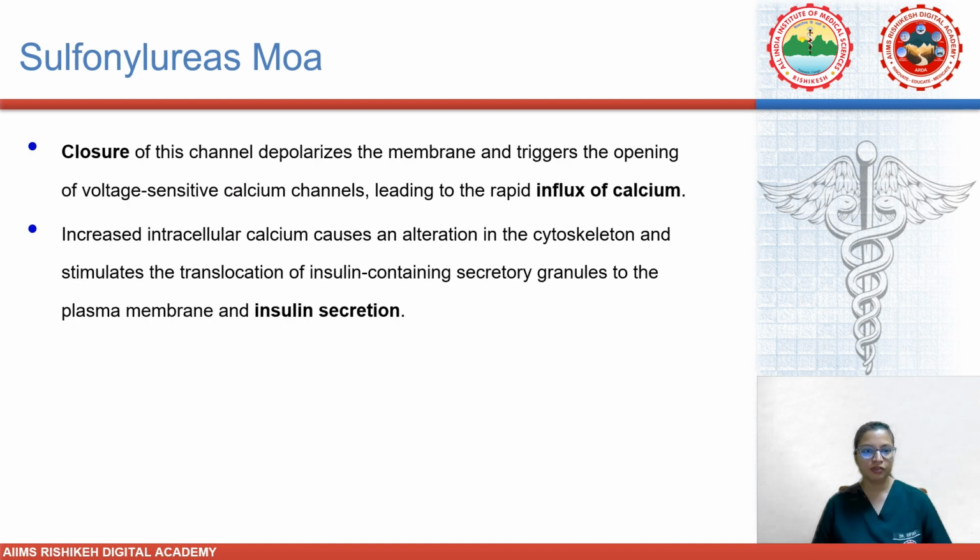Closure of this channel depolarizes the membrane and triggers the opening of voltage sensitive calcium channels, leading to the rapid influx of calcium. The intracellular increase in calcium causes an alteration in the cytoskeleton and stimulates the translocation of insulin containing secretory granules to the plasma membrane and hence increases insulin secretion.